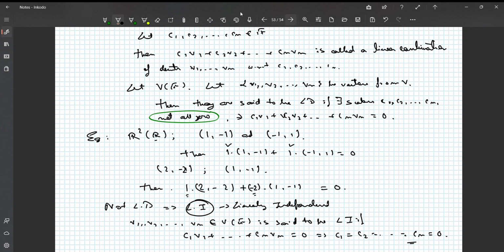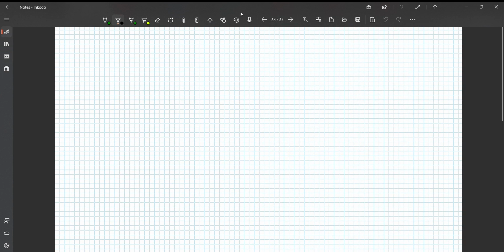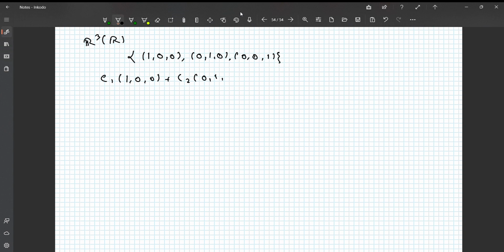Clear? So an example of this is a very trivial example. Again, we can consider R3 over R. If you choose the elements 1 0 0, 0 1 0 and 0 0 1, they are linearly independent. Why? Because suppose you have c1 times (1, 0, 0) plus c2 times (0, 1, 0) plus c3 times (0, 0, 1) equals 0, meaning (0, 0, 0), because the zero element of R3 is (0, 0, 0).